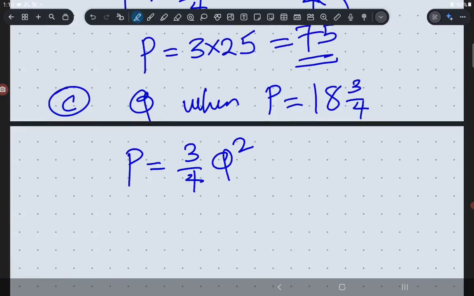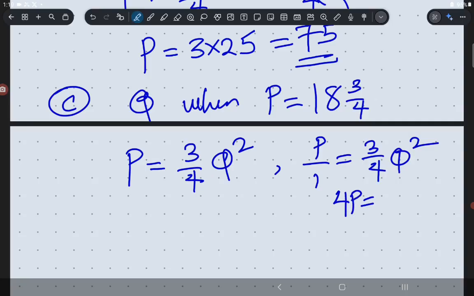But before you put the value of P into it, let's make Q the subject of the formula. So we have 4P equal to 3Q², so Q² is equal to 4P over 3.